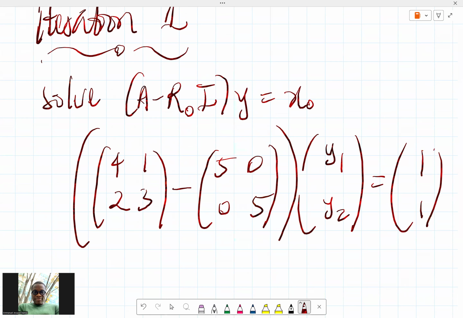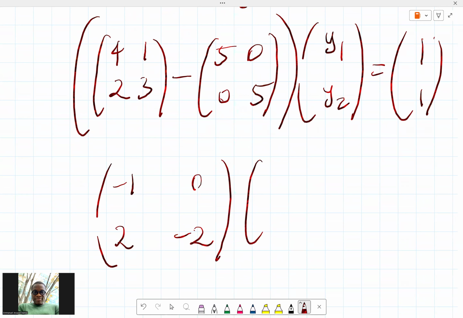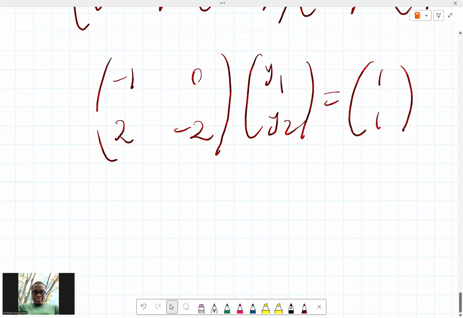That was what we started with. So in that case, we have 4 minus 5, that's minus 1. 1 minus 0 is 0. 2 minus 0 is 2. 3 minus 5 is minus 2, into y1, y2, and that is equal to 1, 1. Okay? Because of these two rows, we have y1, y2.